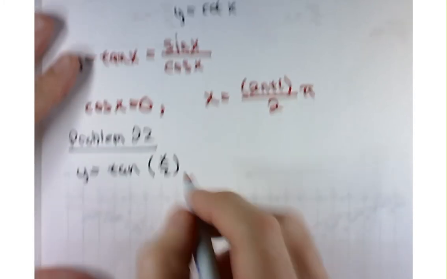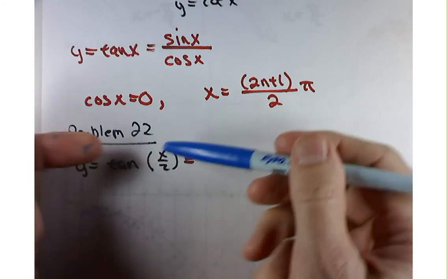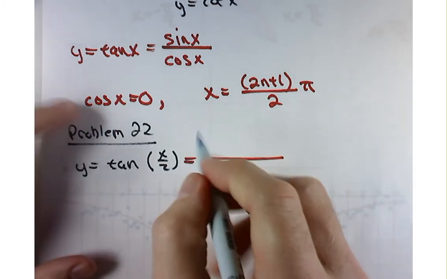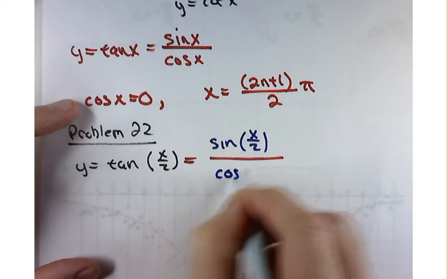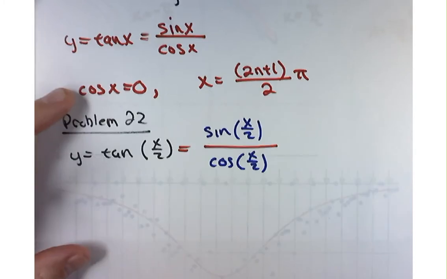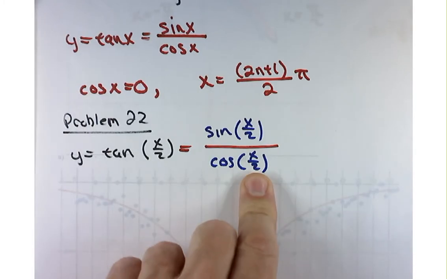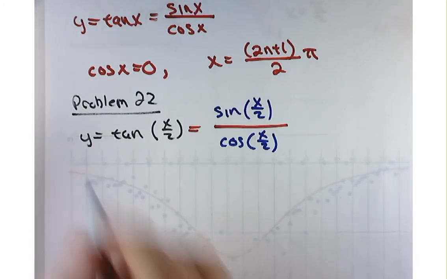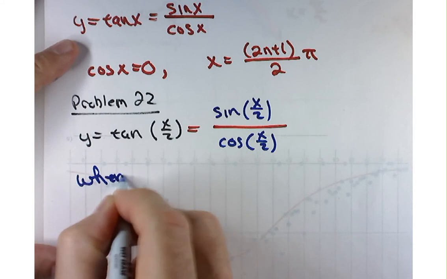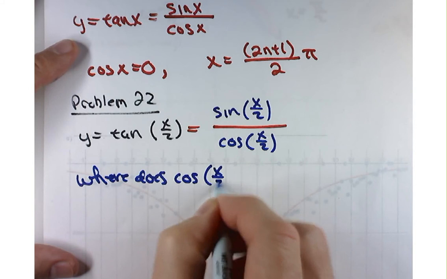Now, realistically, if you want to try and dissect this problem a little bit, tangent is still sine over cosine. It's just that in this case, it's sine of x over 2 divided by cosine of x over 2. We still got to worry about the denominator equaling 0. So the question is, where does cosine of x over 2 equal 0?